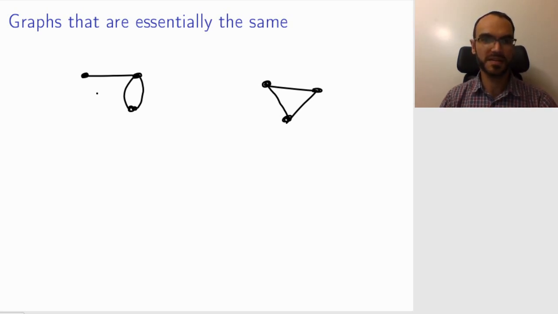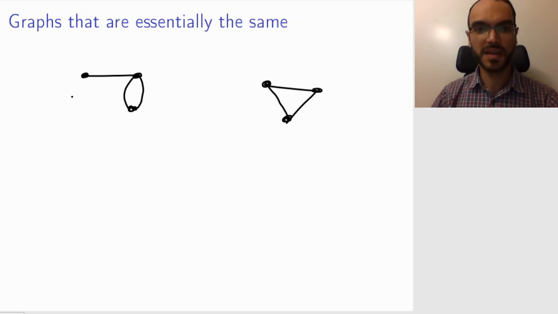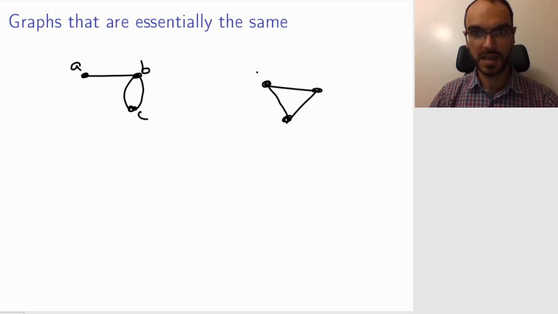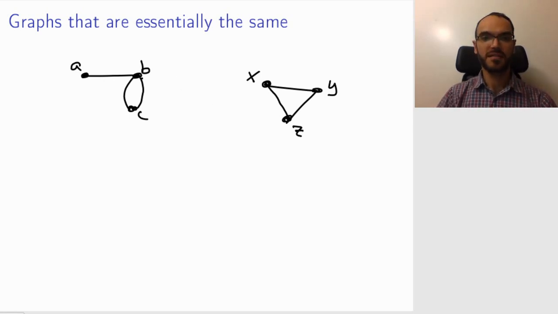So you might think that yes, they are, because you have 3 vertices in both and you have 3 edges in both. But the edges go in the wrong place. So if I label these graphs, so I have A, B, C and X, Y, Z, the problem I will run into is that if I map B and C to whichever vertices here, however I do it, I will only get vertices with 1 edge between them.